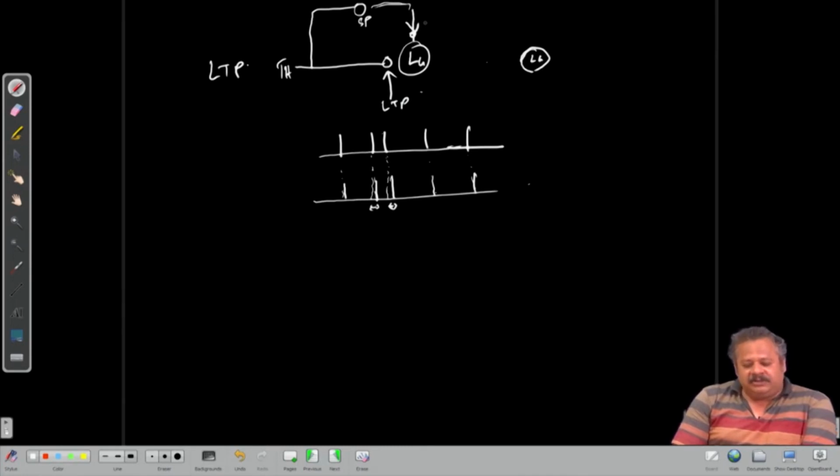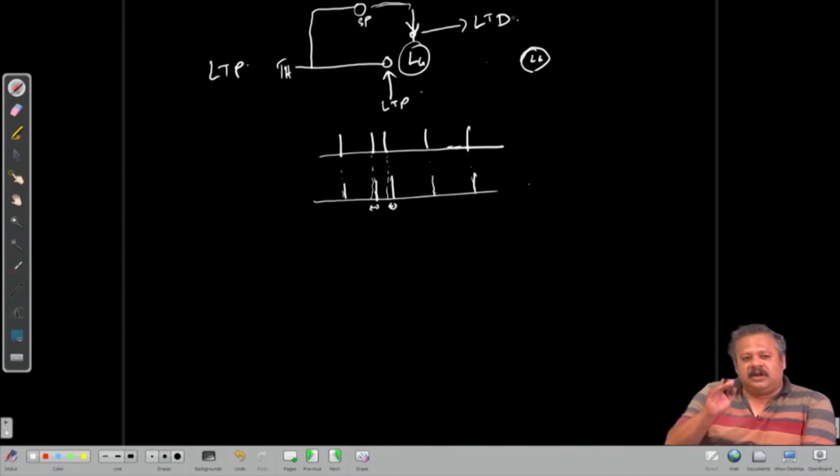So, there is one synapse delay now in between the subplate input and the thalamic input to layer 4.